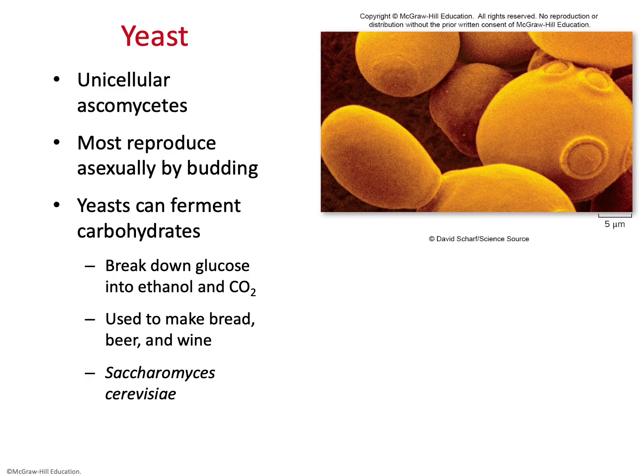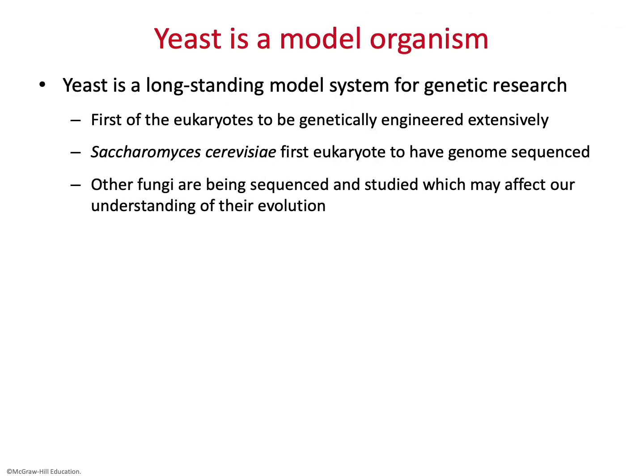And we all know about Saccharomyces cerevisiae, which is also used as a model organism. Yeast is a long-standing model system for genetic research. It was the first of the eukaryotes to be genetically engineered extensively, and Saccharomyces cerevisiae is the first eukaryote to have its genome sequenced. Other fungi are being sequenced and studied, which may affect our understanding of their evolution.